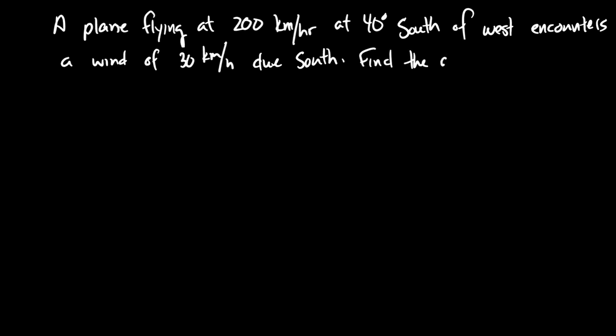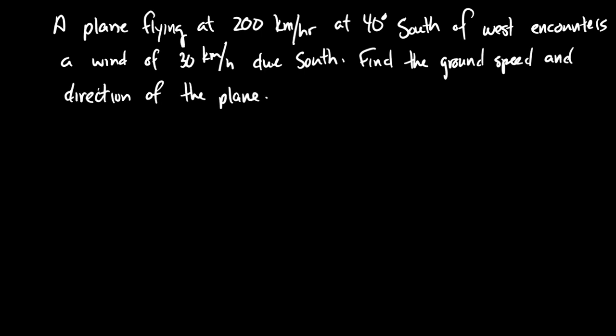Find the ground speed of the plane. Well, ground speed and direction of the plane. Okay. This is, I'm going to say it, a very simple sum of vectors question.